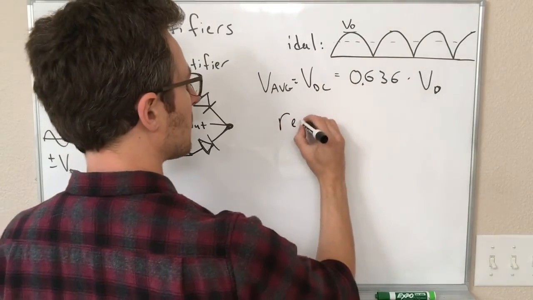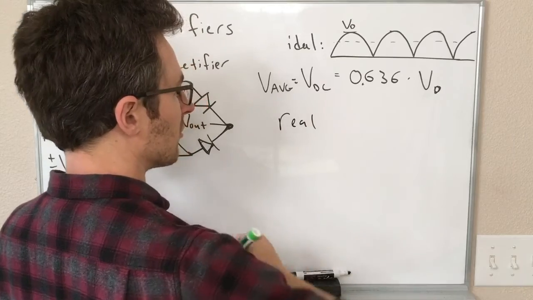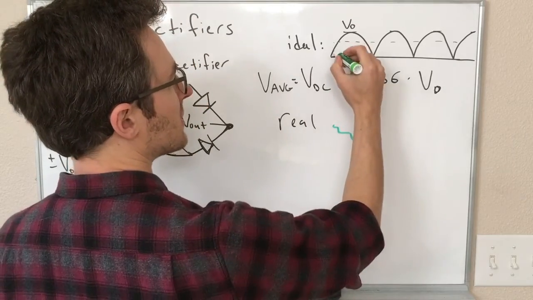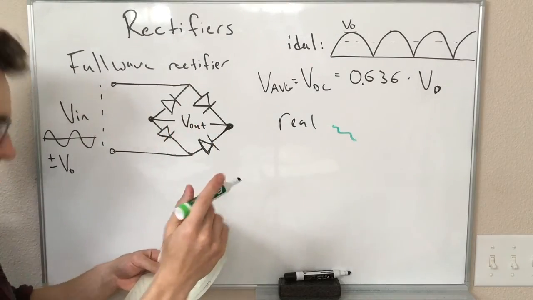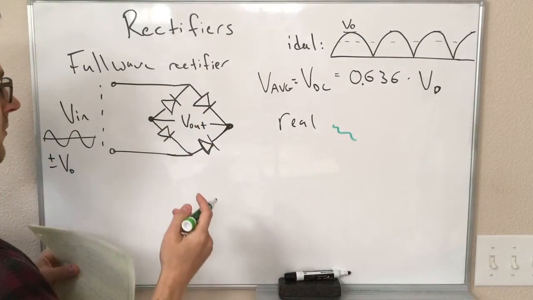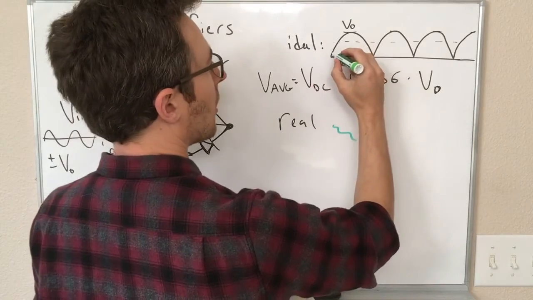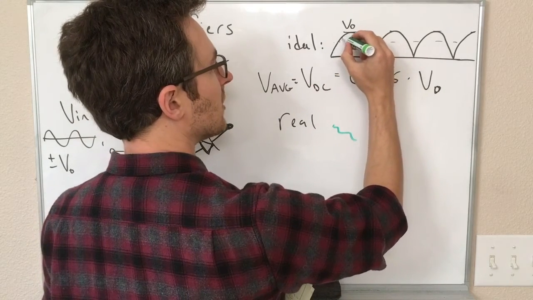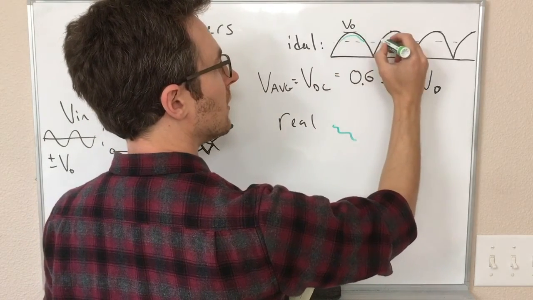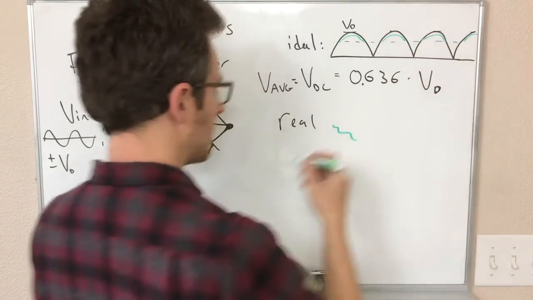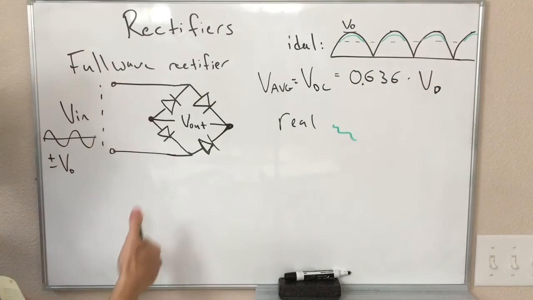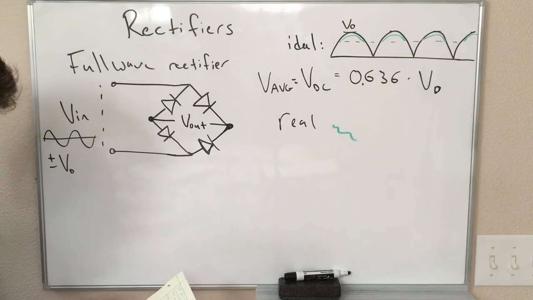The real one I'm going to draw in green just so you guys can see it. So the real one is also going to have a diode drop. So in other words, our voltage is not going to come up to the peak. It's going to be somewhat below the peak for each of these, and that's because we get the forward drop for these diodes.